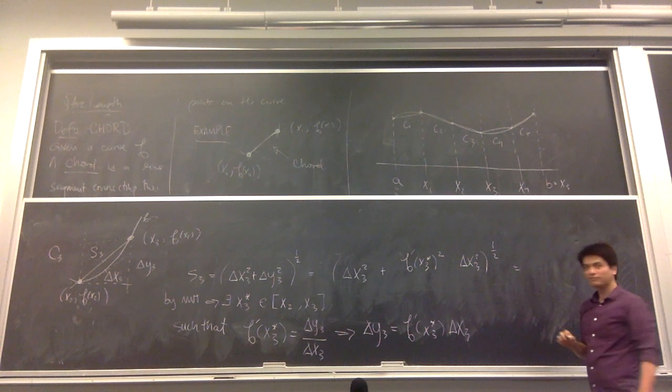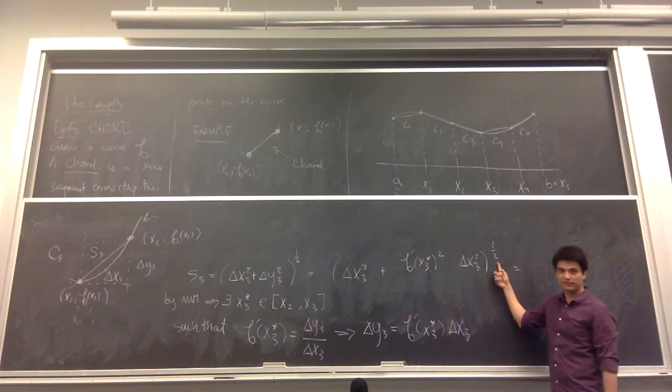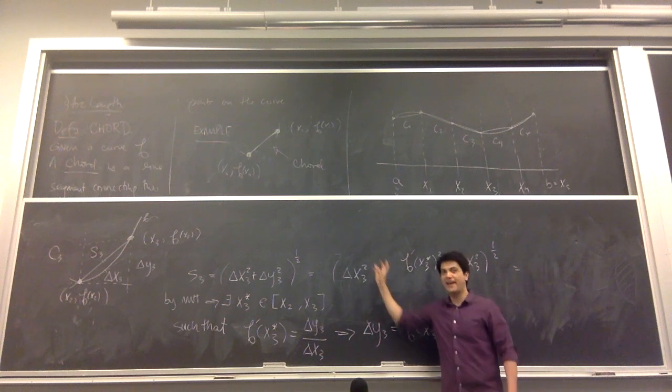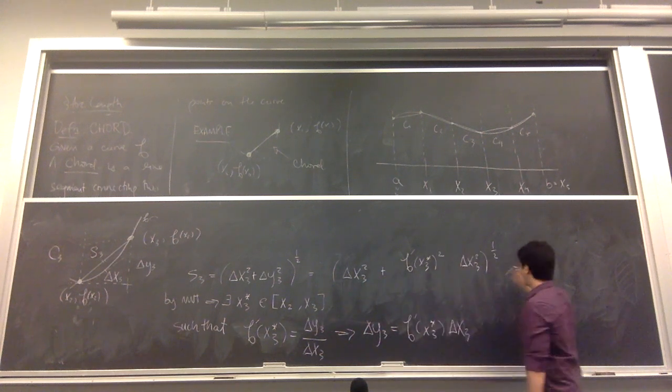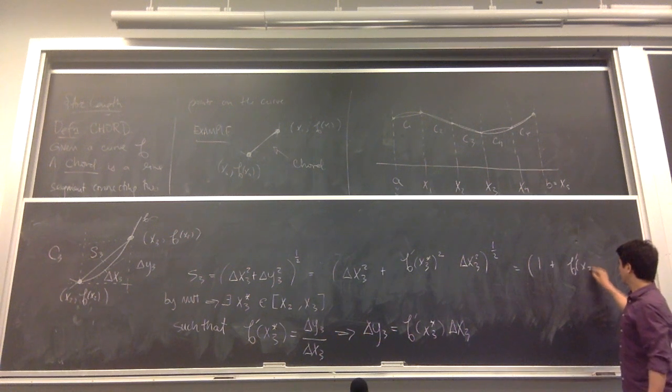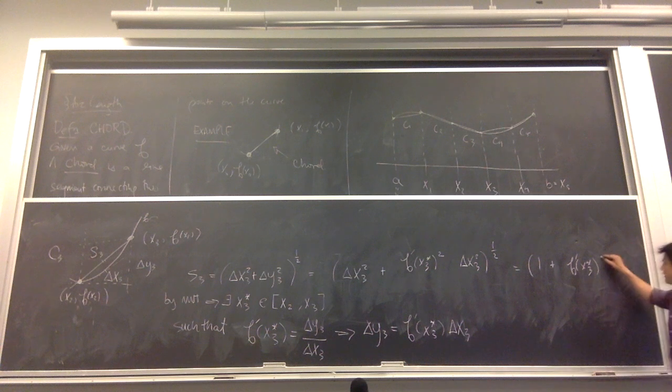Please pay attention, there's a square root here, and there's an x squared. If I factor that out, you end up getting 1 plus f prime x3 squared times delta x3 without its square.